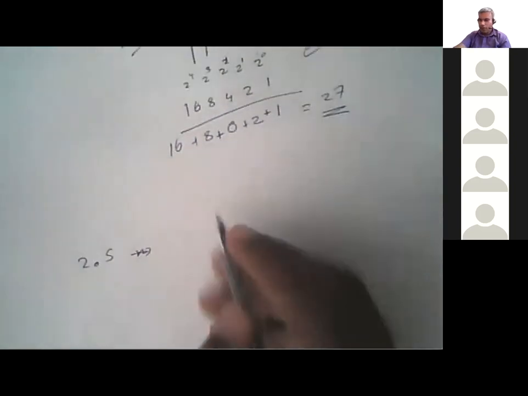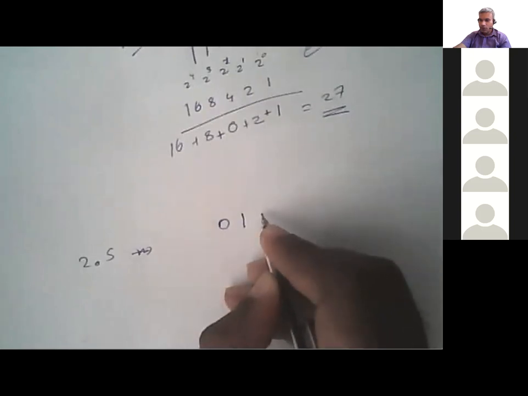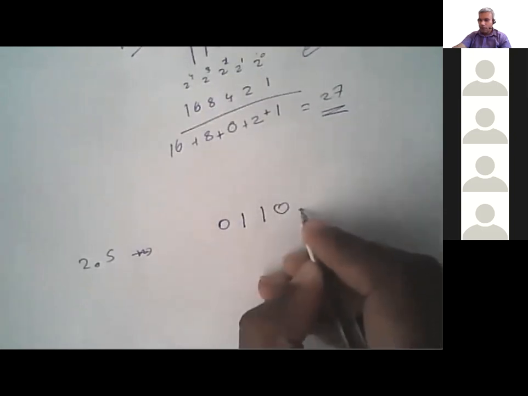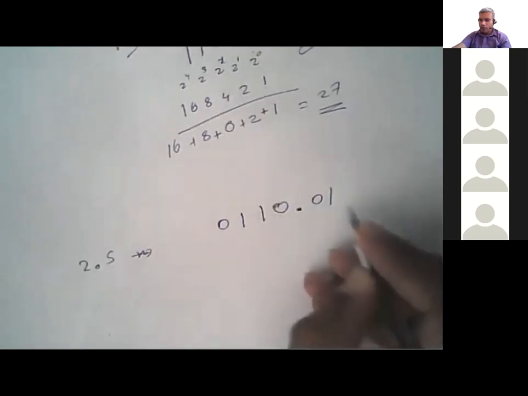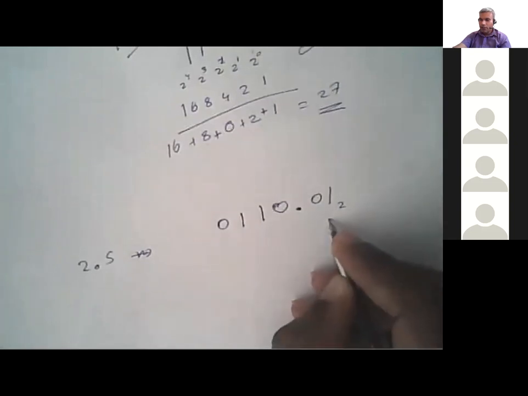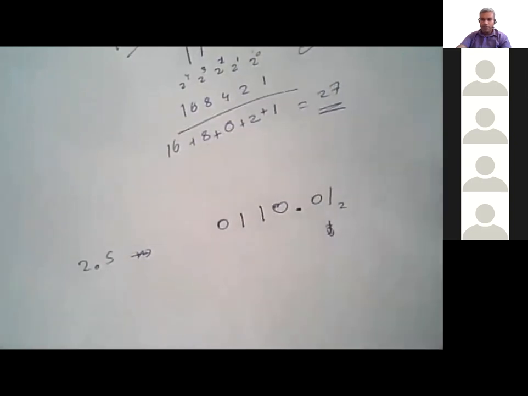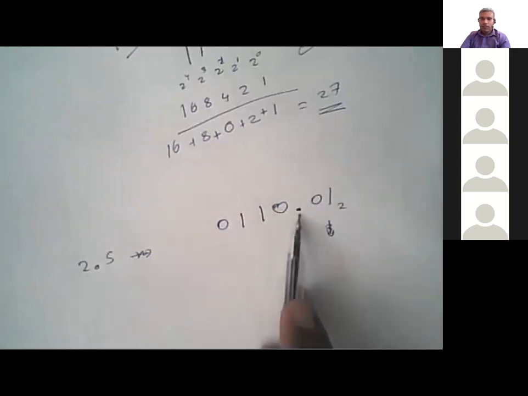And I will give another question, similar: 0, 1, 1, 0, 0, 1. This is in binary. Can you convert it to decimal? So this is known as the radix point. If it's a decimal number, we call this the decimal point. For a binary number, we call this the radix point.